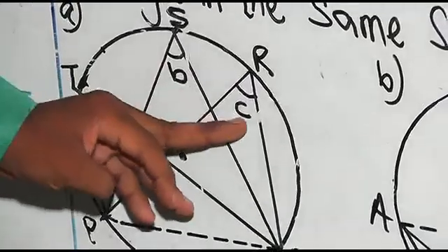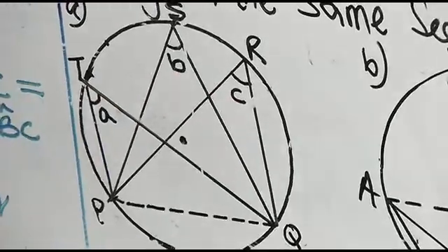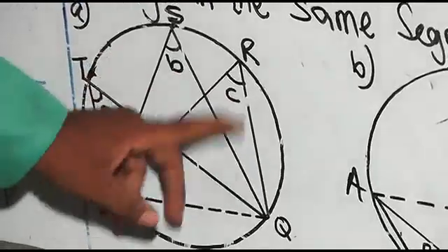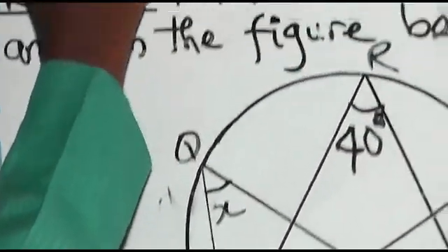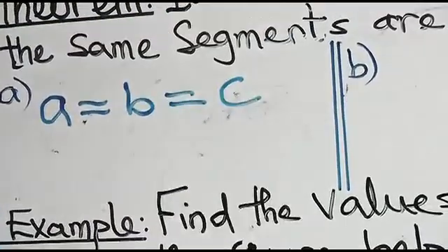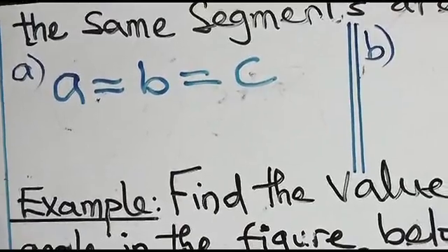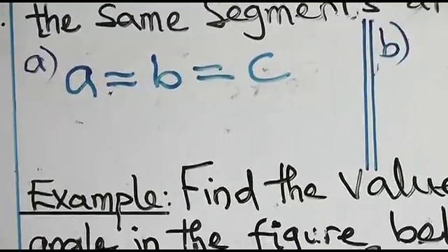That is angle A, angle B, and angle C. They are all angles in the same segment. So we can say that A is equals to B and is equals to C.